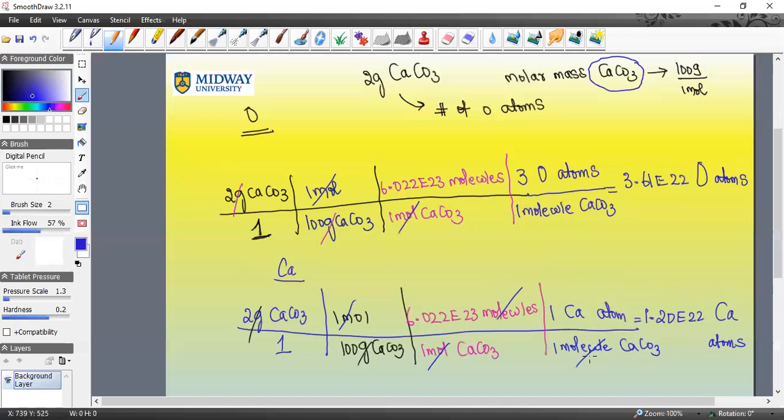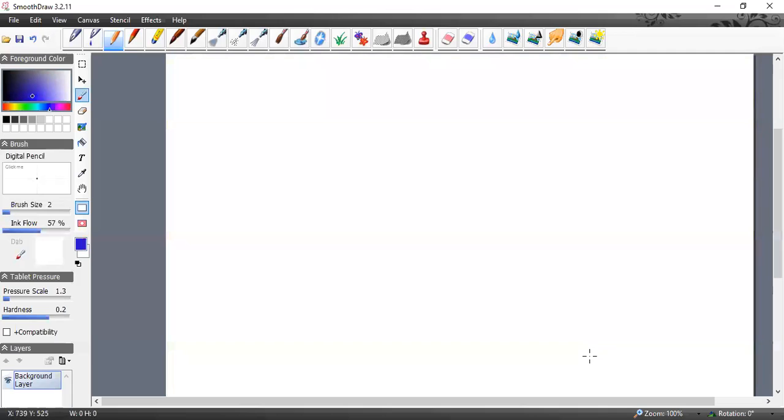Now let's summarize the two sequences. If you're just dealing with a single element, like nitrogen, oxygen, it's just an element, then the sequence is: you start with grams, you use the molar mass, and then you use the mole to atom conversion.